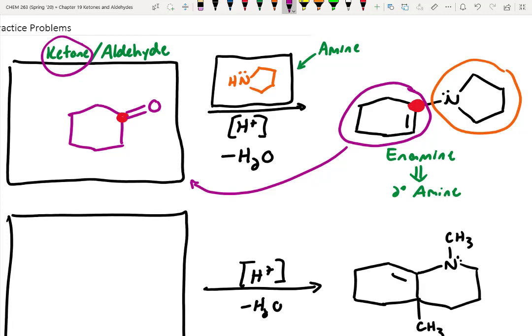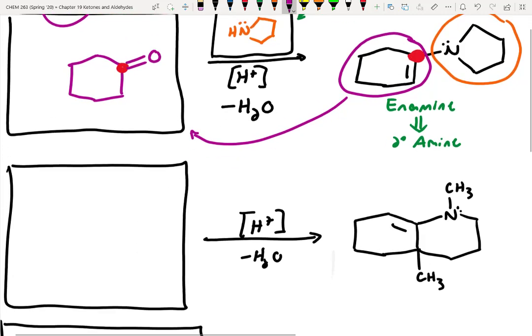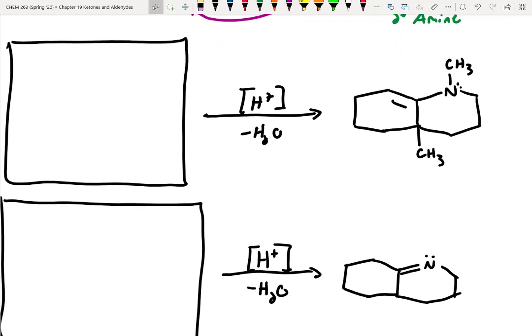All right, so let's do the same thing with the next one, and we'll break it down just like we did here. When I look at this product, I would say that it's an enamine. Again, we have an alkene. We don't have a carbon-nitrogen double bond. And again, that indicates that we must have some sort of secondary amine.